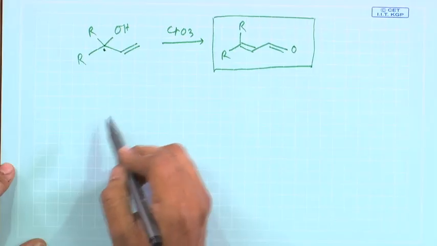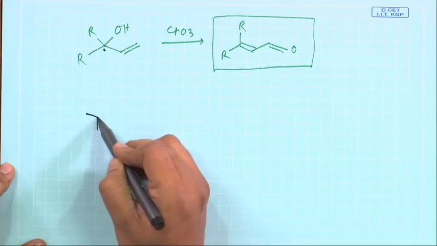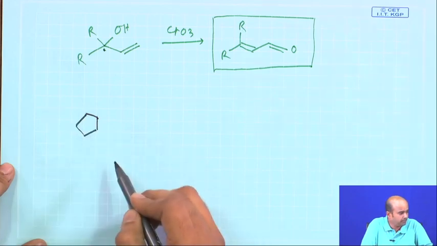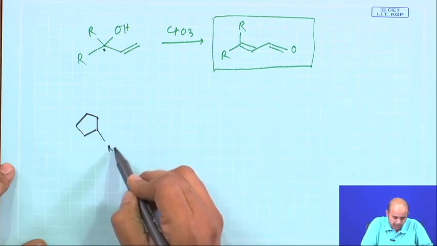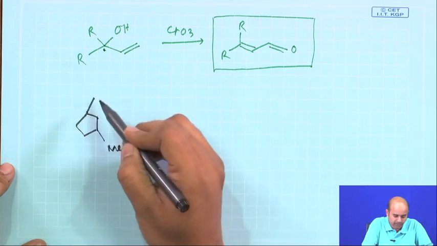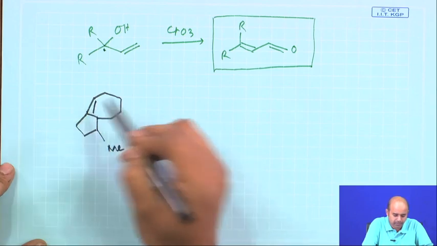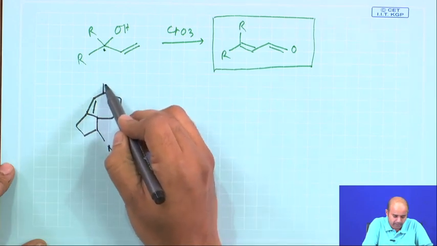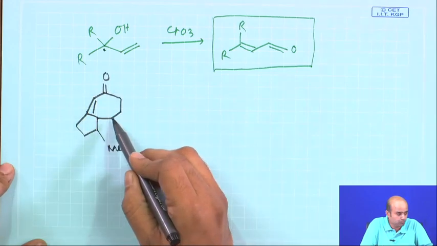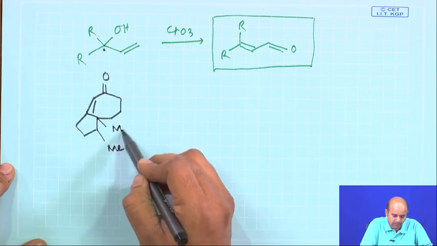Now, based on the same Babler oxidation, our next problem was framed. The structure is a little bit complicated. It has a 5-member cyclopentane ring, and then a 7-member ring with CH2, CH2, CH3, and in addition a methyl group here.